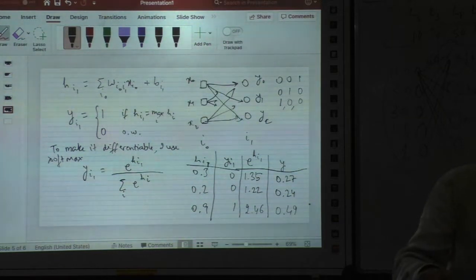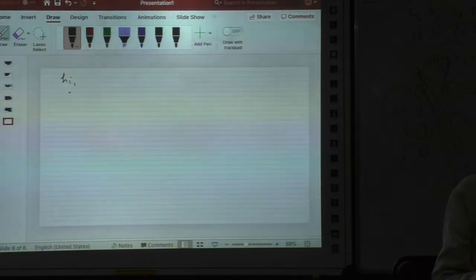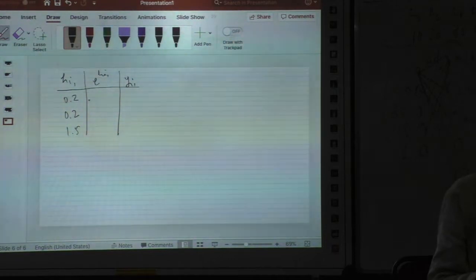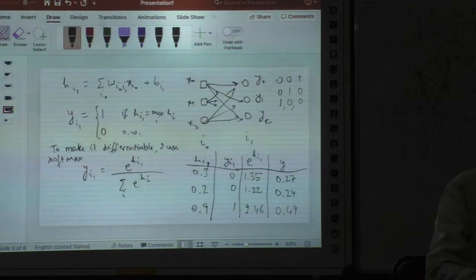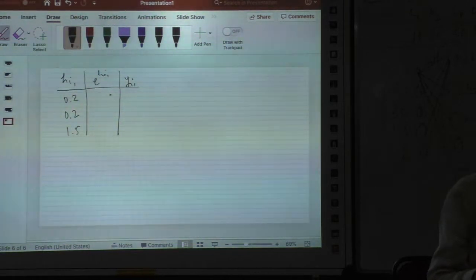Let us take another example. So when your h_i1 is 0.2, 1.5. What will be your output now? E to the power h_i1 and y_i1. e to the power 0.2 is, I think you already told me this one, 1.22. What is e to the power 1.5?